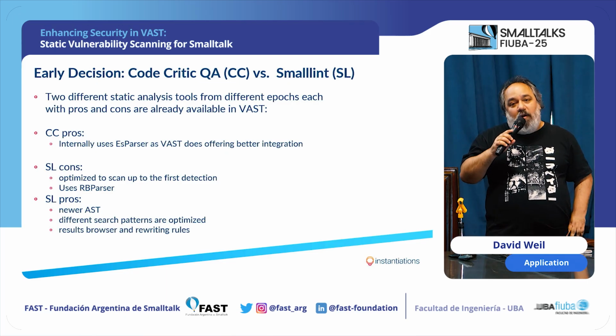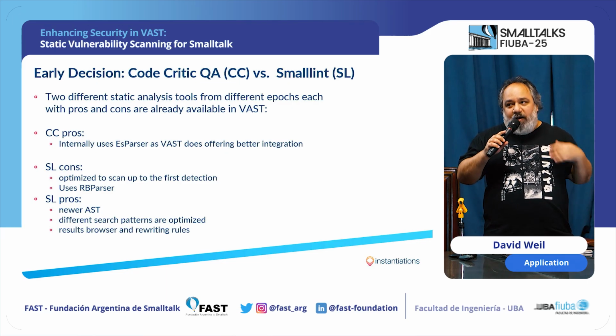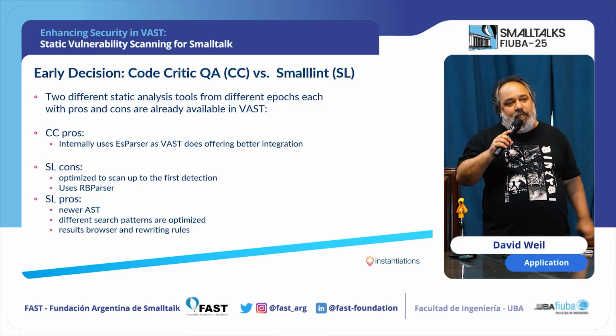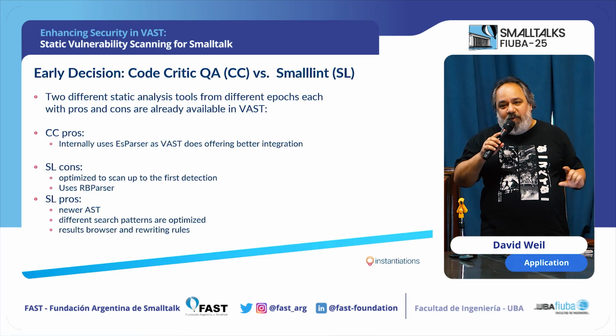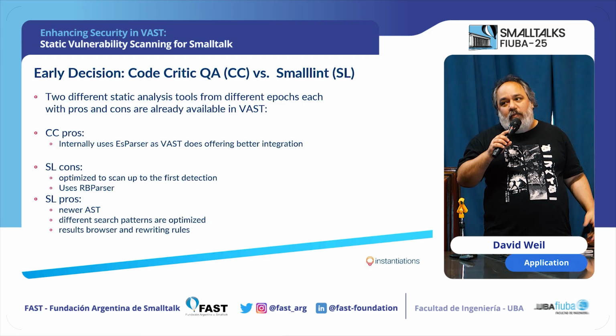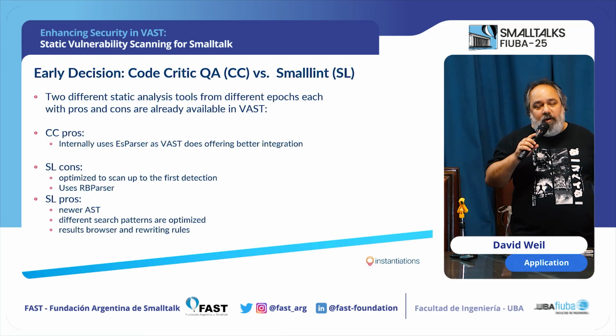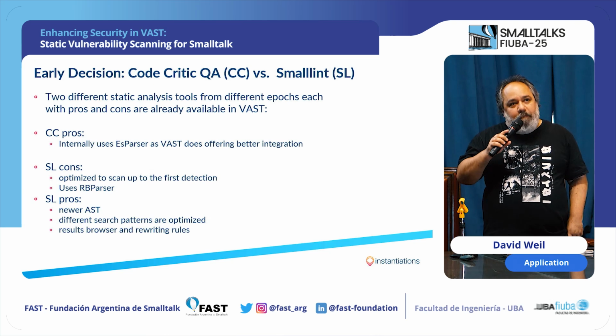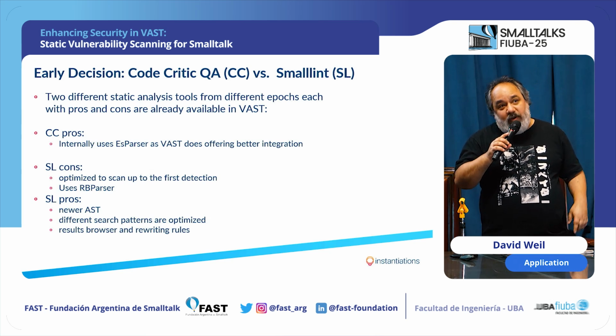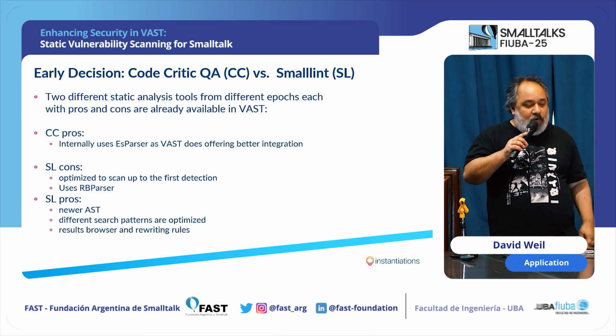The main con was that it uses the RB parser, and Bast is using a different parser, which is not 100% compatible, but we worked around the issues, so we were still able to use SmallLint for this.